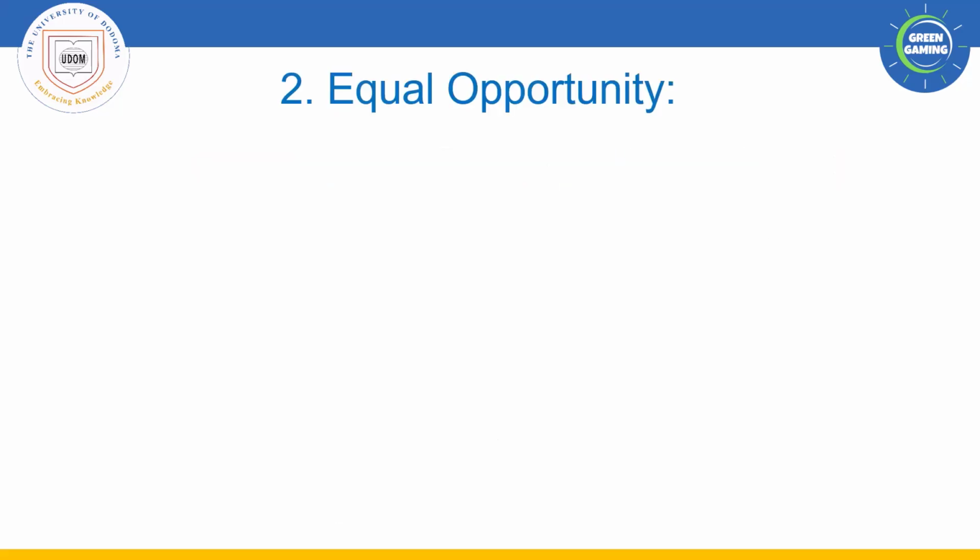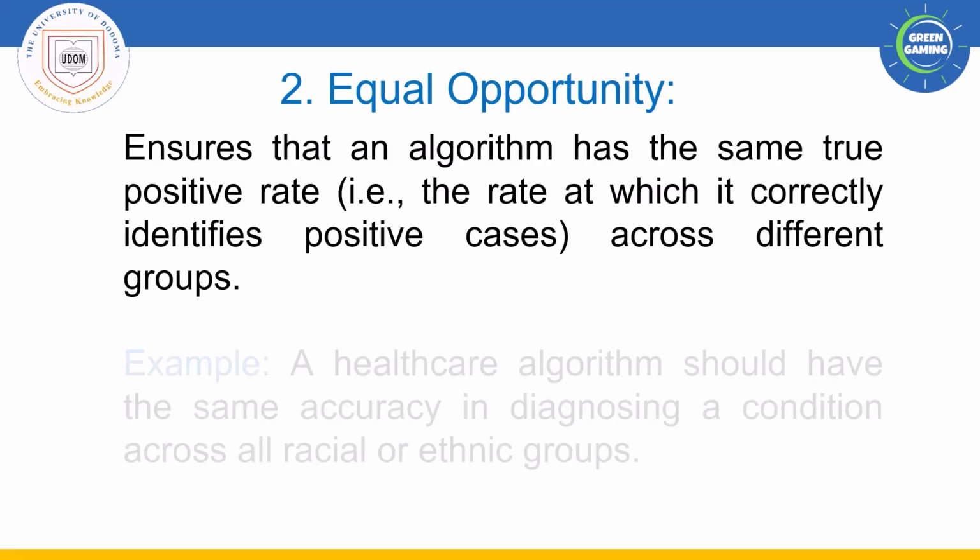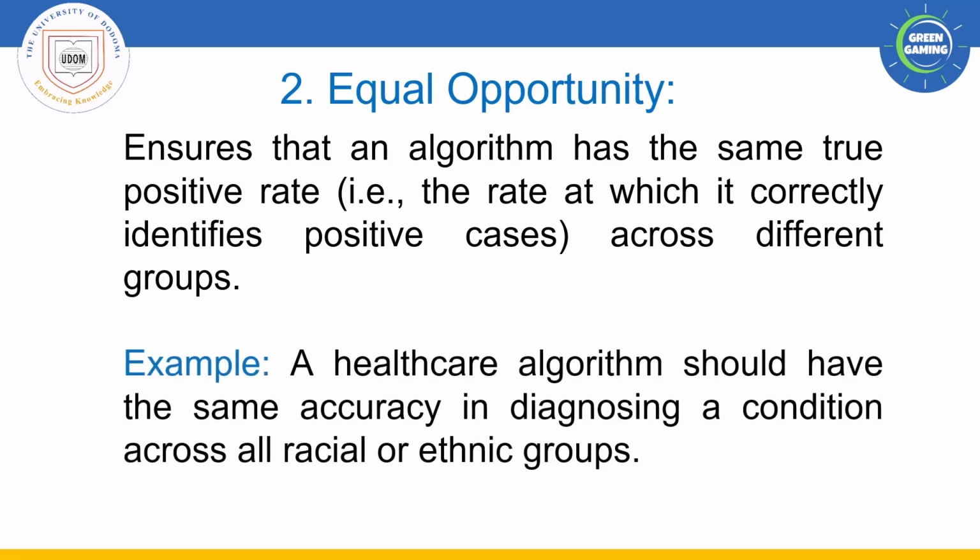We also have equal opportunity, ensuring the same true positive rate across all groups. So the algorithm has the same true positive rate across different kinds of groups. This is what we call equal opportunity. For instance, a healthcare algorithm should have the same accuracy in diagnosing a condition across all racial or ethnic groups.